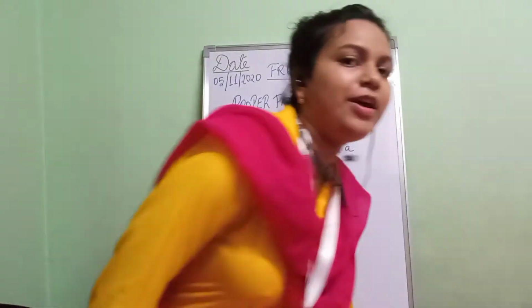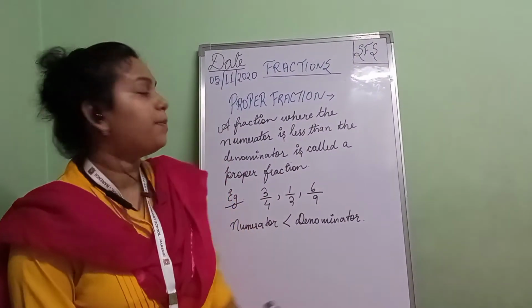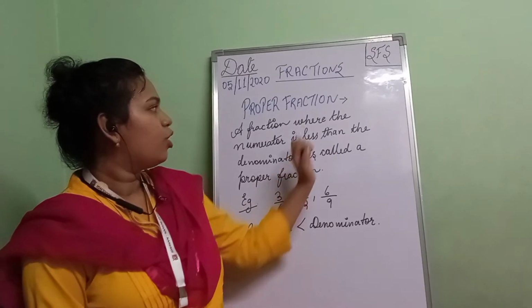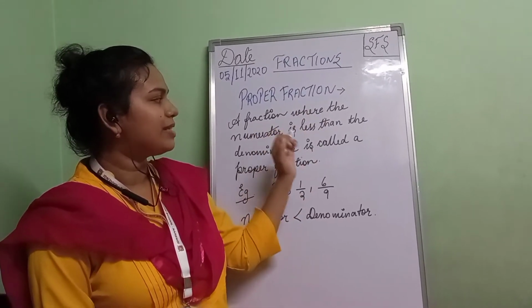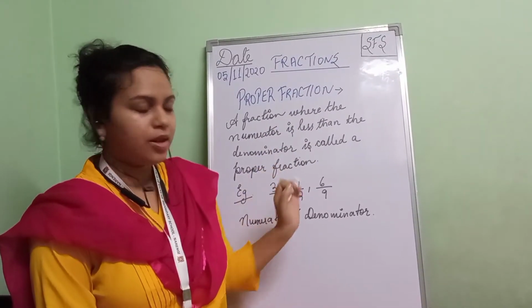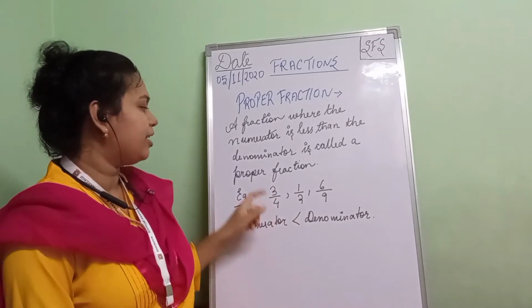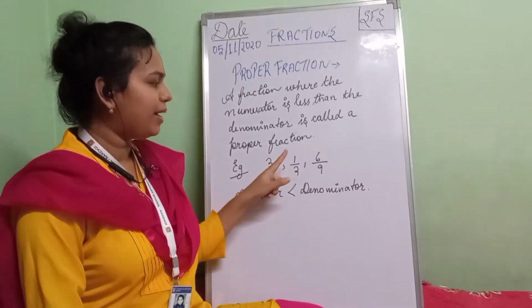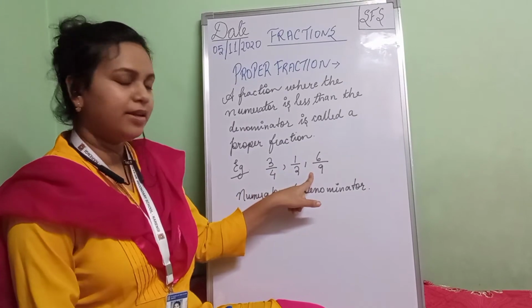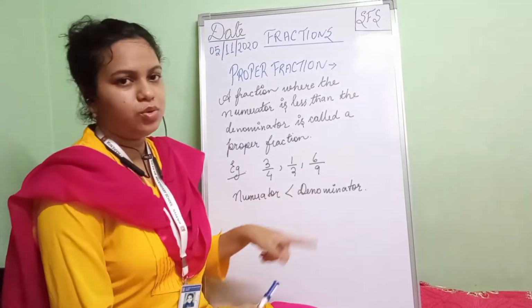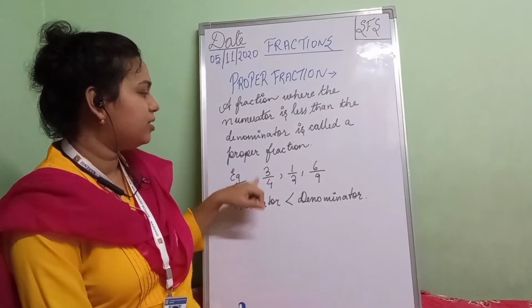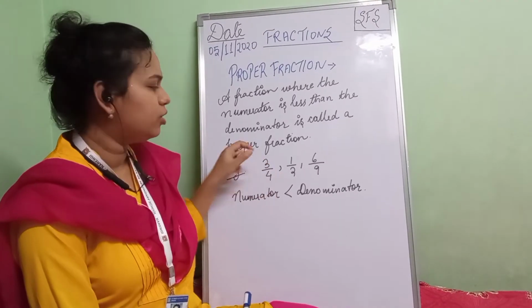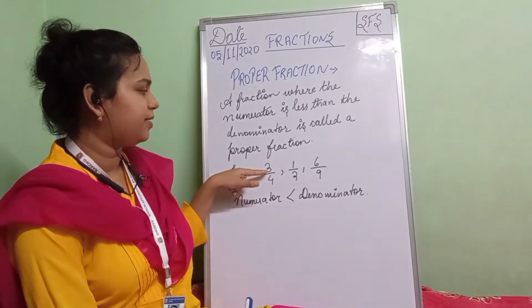So what are proper fractions? Proper fractions are fractions where the numerator is always less than the denominator. For example, take 3 by 4 or 1 by 2 or 6 by 9. Please note, students, that in these fractions the numerator, what is the numerator? The one written above the bar sign.